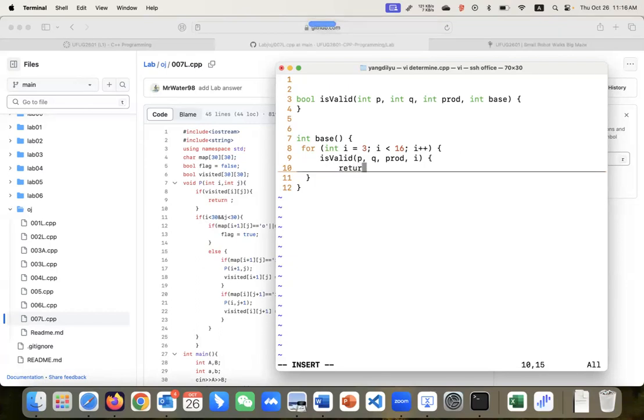I would return this one as my base. This is the function I would write. Of course, I need P, Q and product: int P, int Q, int product, right?